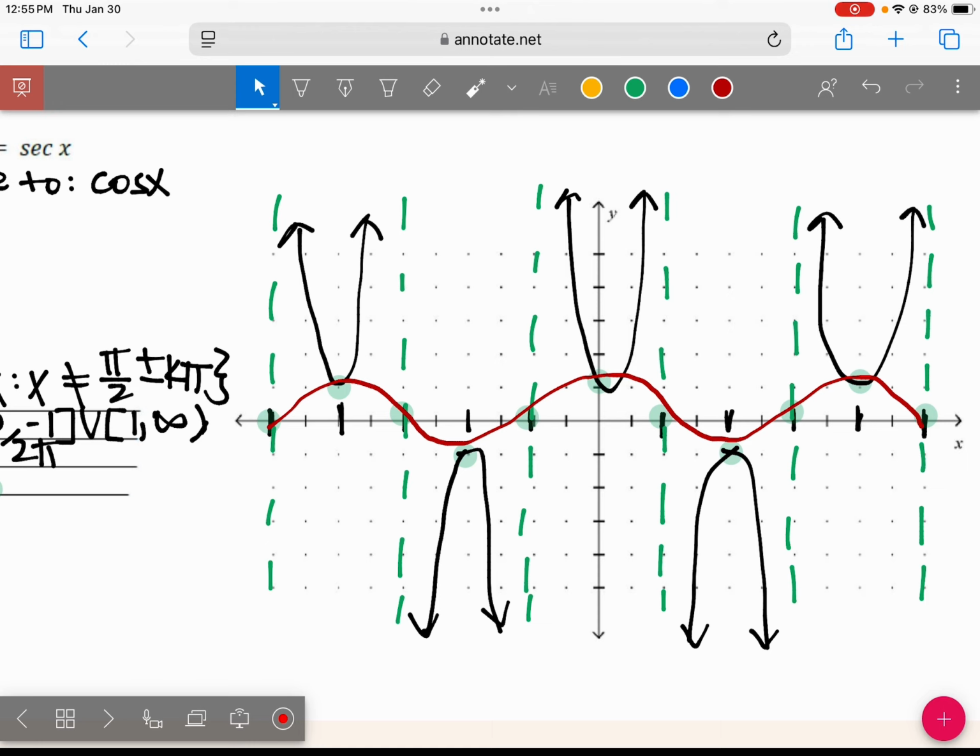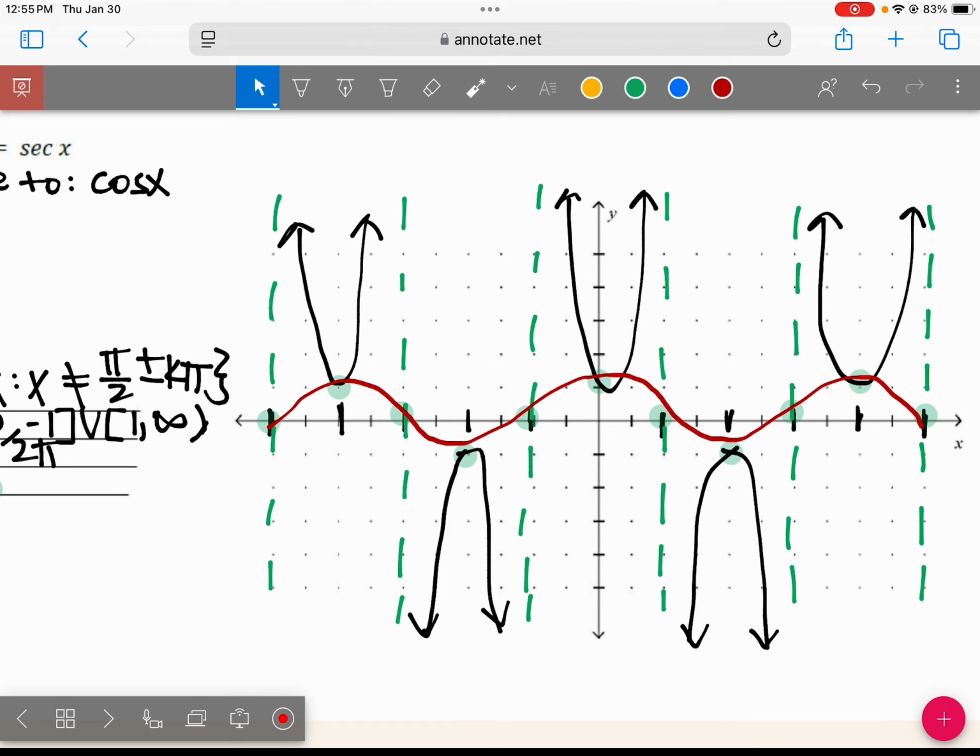So your domain is everywhere except for your asymptotes, which are these green dotted lines, which is why we dotted them. What is this first green dotted line? What's that point in terms of pi? This first big hash mark. Pi halves. So that's why we have this pi halves here.